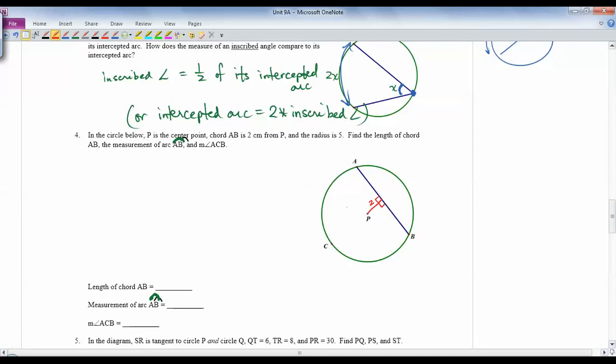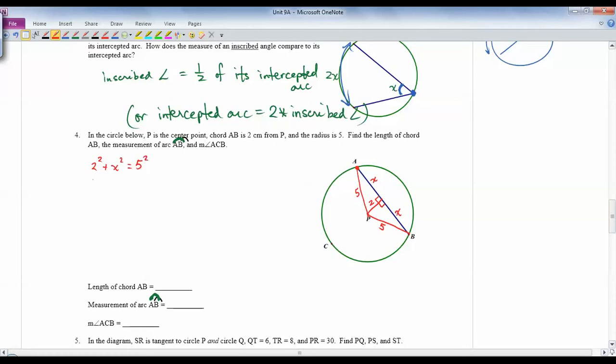I could draw a bunch of different radii, but the ones that tend to come in handy are the ones that go to points already on this circle. Like that one's 5, and that one is 5. Let's see, find the length of chord AB. Well, this shouldn't be too bad if I do Pythag. I've got 2 squared plus x squared equals 5 squared.